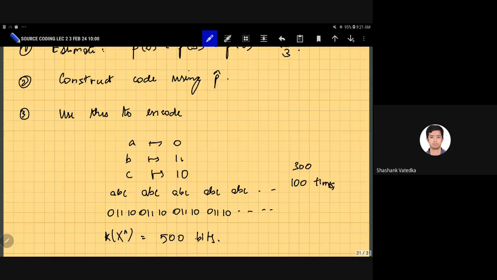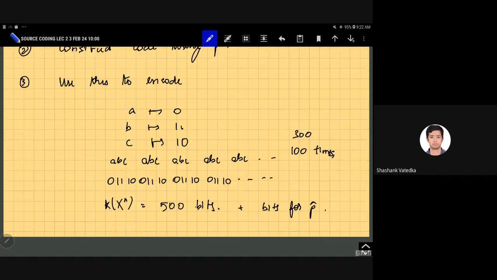So the total compressed length would be 500 bits plus some bits needed to represent p hat, because you need to encode p hat in the header. So the header plus 500 bits would be the total length of the compressed file.